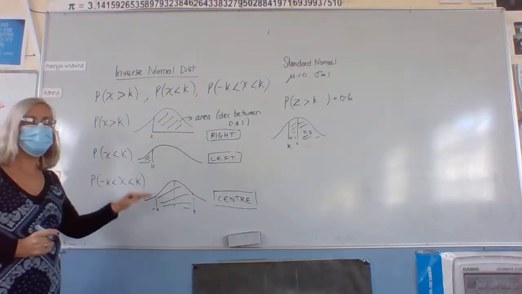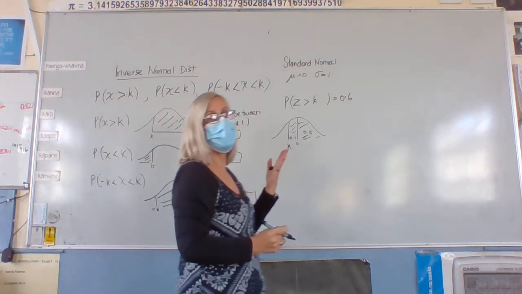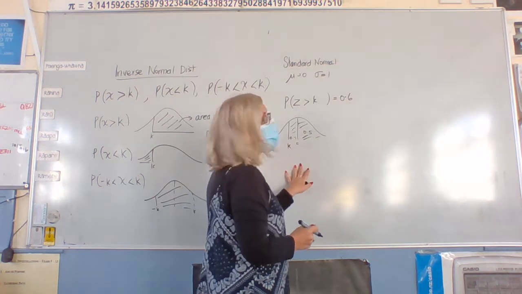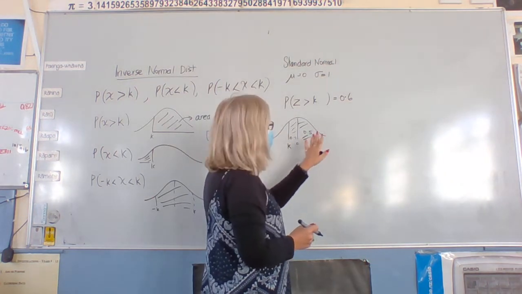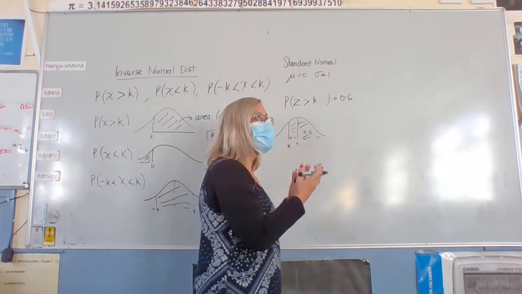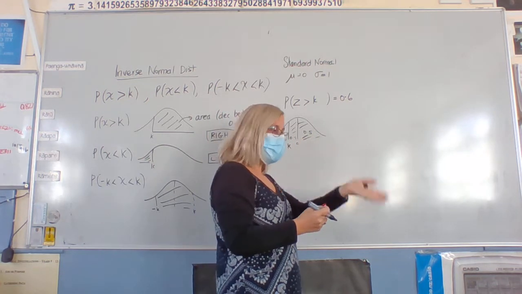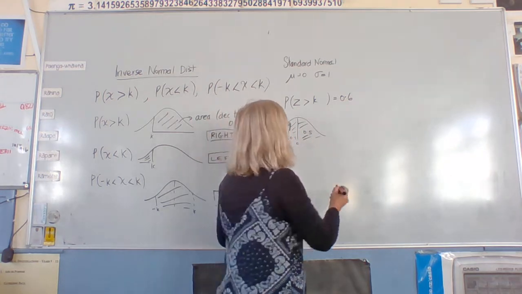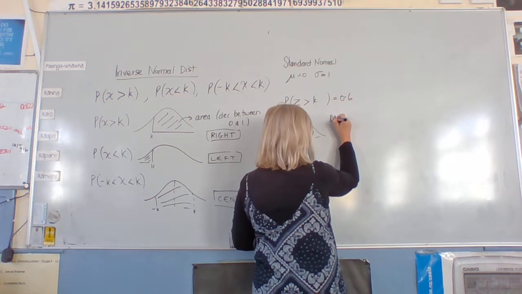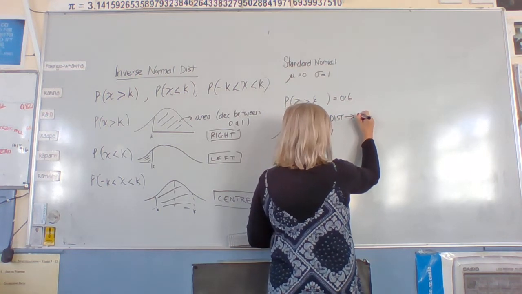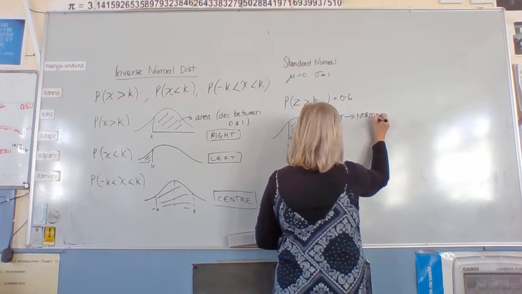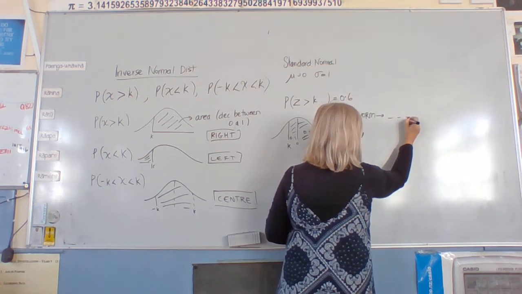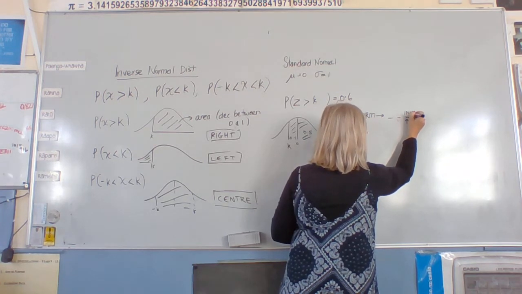Right, so those are our three scenarios, and we have buttons on our calculator, luckily, to do this for us. You can do these without a calculator, but because we have them, we're doing it with. When we go to our calculator, we used to go to distributions, normal, and the second one in. We're now going to go to the third one, which says INVN or something like that.